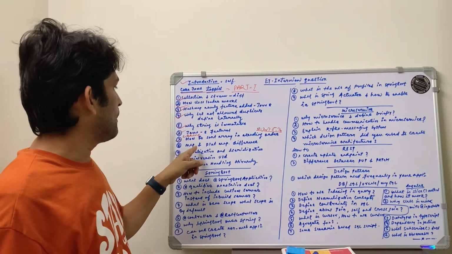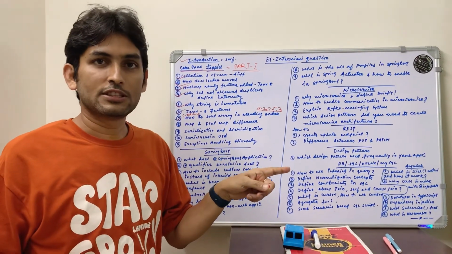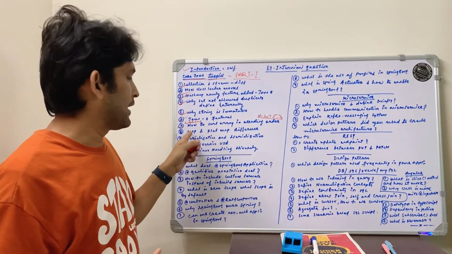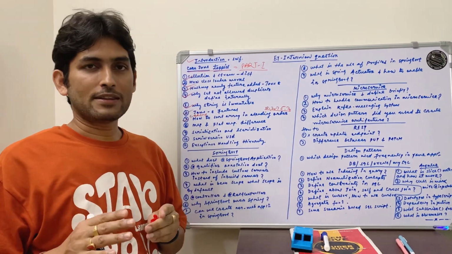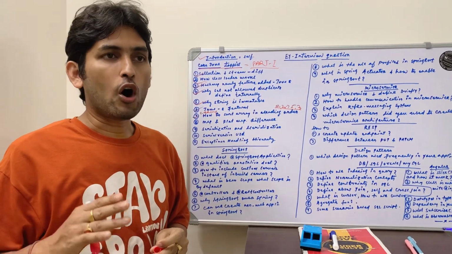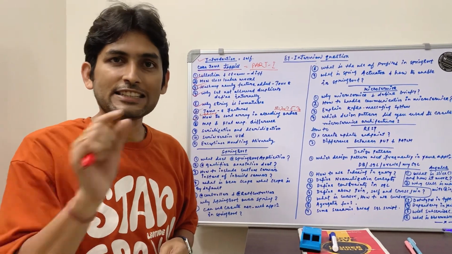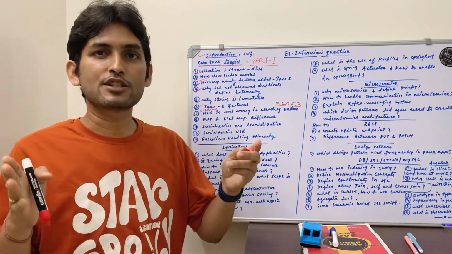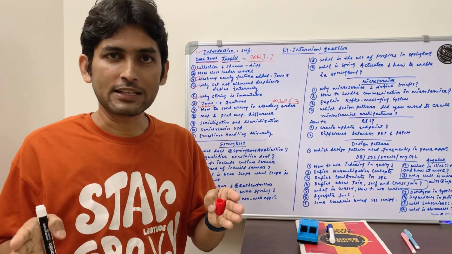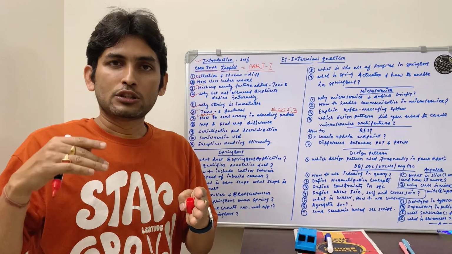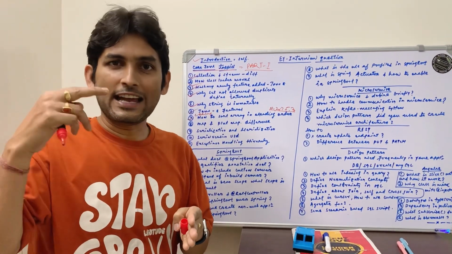Then there is the question of map and flat map difference. This is also an important question. So map, right? Once you are going to operate on the entire object, suppose you have a list of objects and you need to add 2 to each and every element.